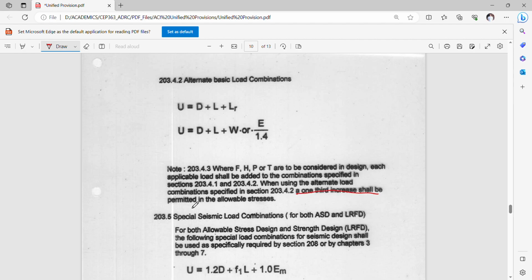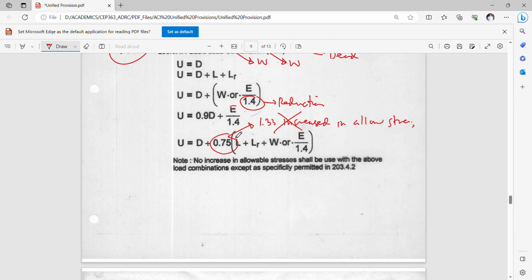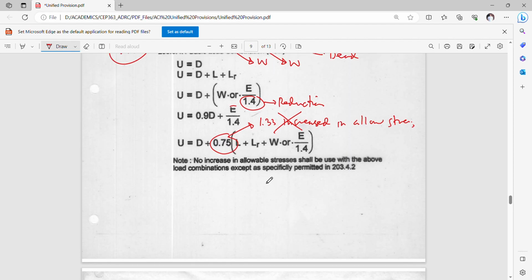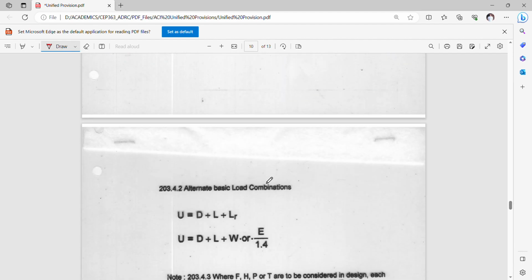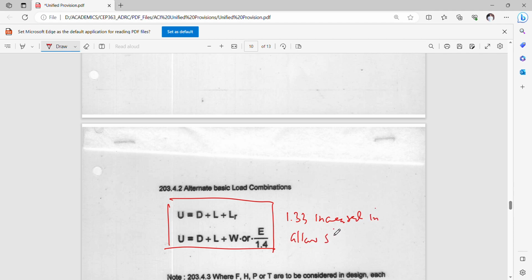Basically we can use this if we are considering dead, live, wind, or earthquake in this regard. So these are alternate load combinations wherein the 1.33 increase in allowable stress is considered.